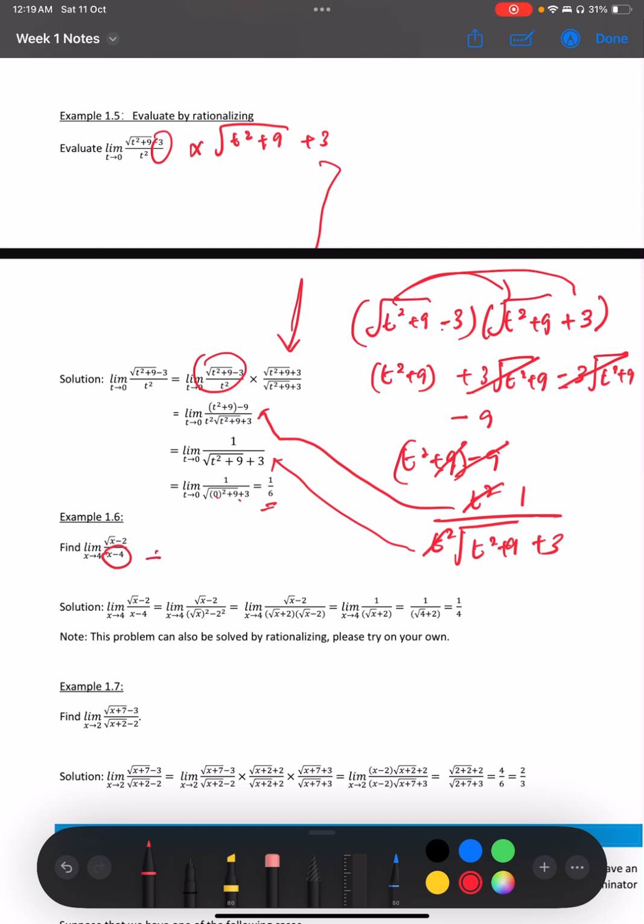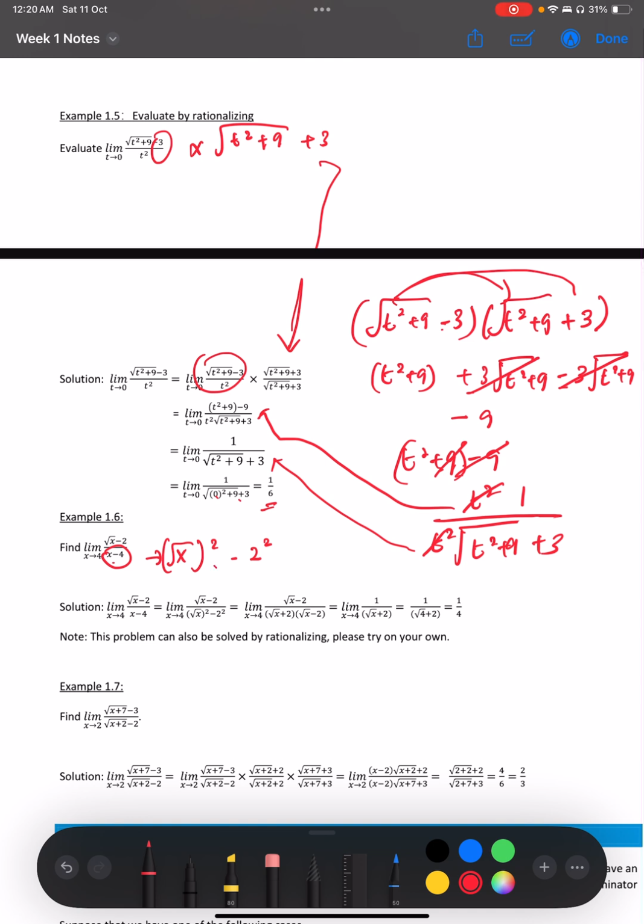It's actually I transform it to x, because it's x, so this is x squared minus 2, so you will get back x minus 4, because square root of x to the power of 2, you will get x, and negative 2 to the power of 2, you get 4, so you will have the limit x approaching 4, square root of x minus 2, and then divided by x minus 4 here.